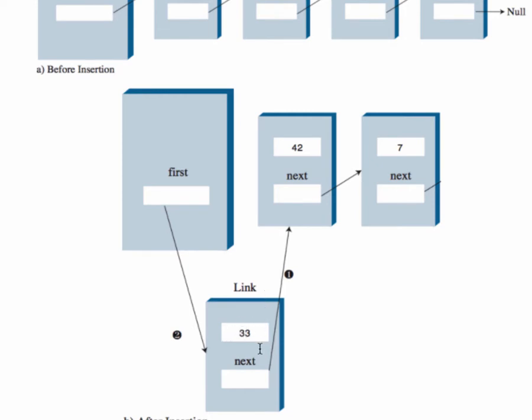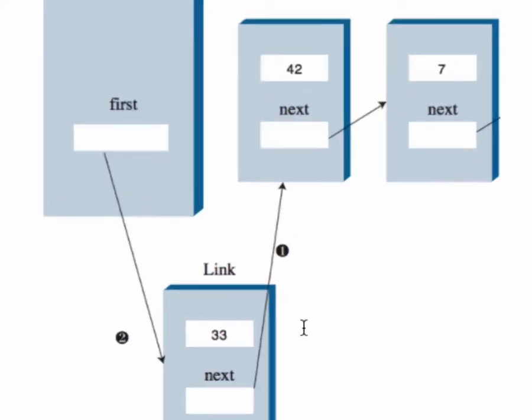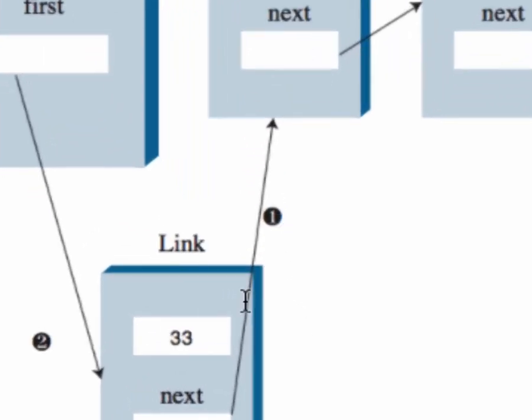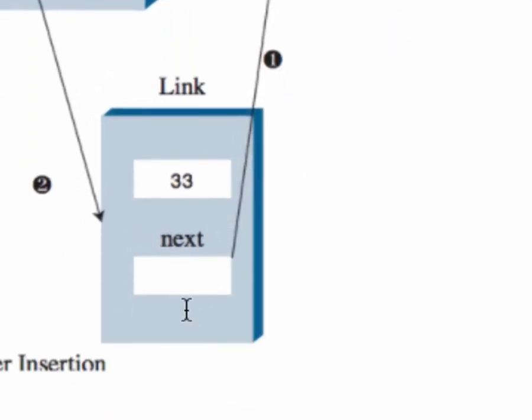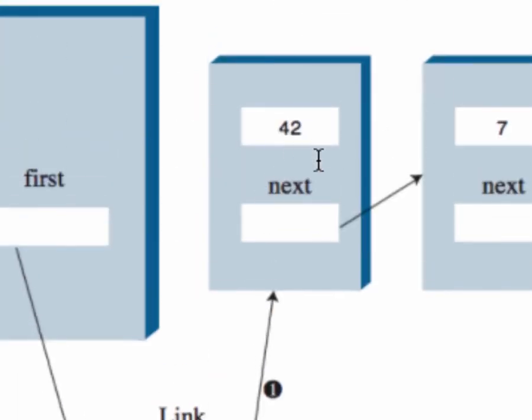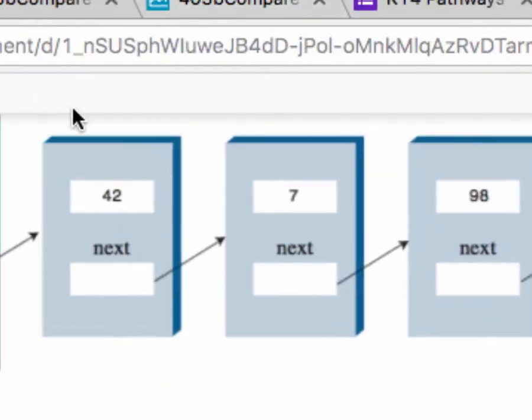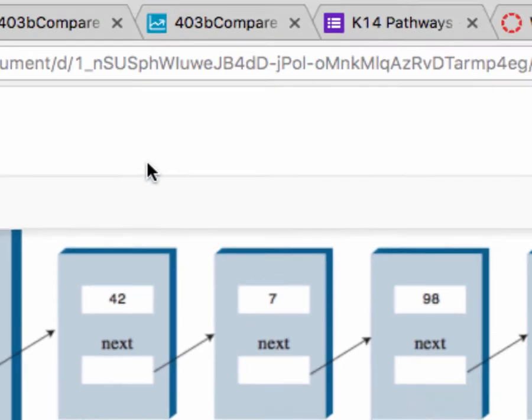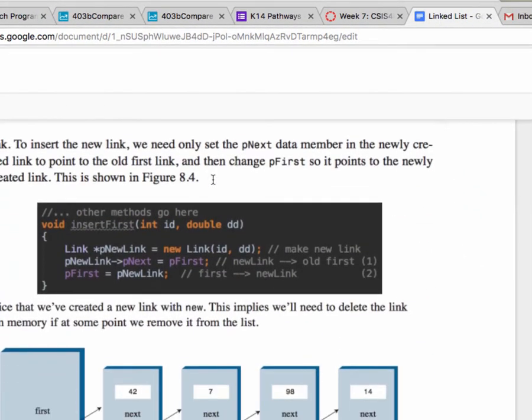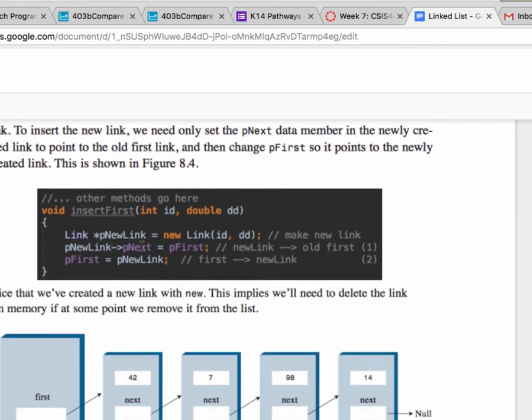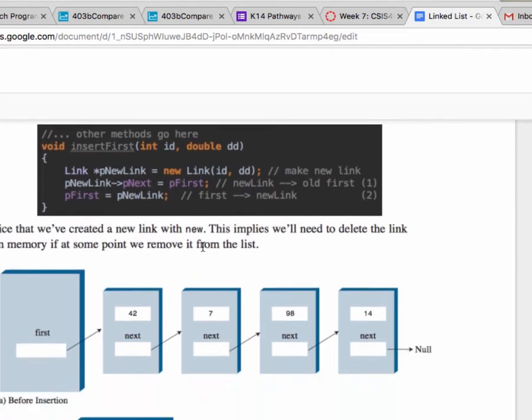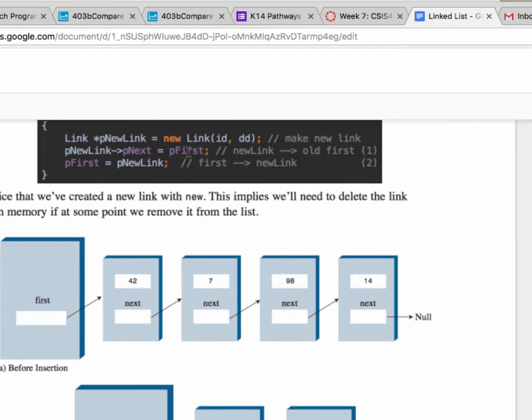I have to establish this connection here. So the first thing that I do is I say this new link's next is equal to this one, and that is this right here. So pNewLink next is equal to pFirst. What is pFirst equal to? Well, pFirst is equal to the first link.